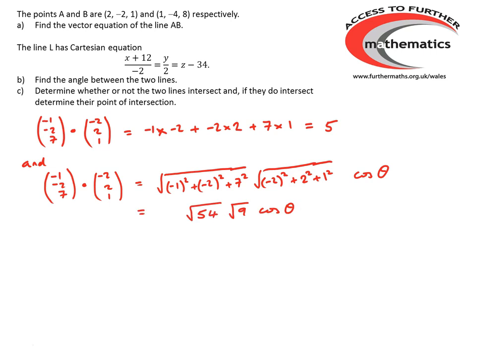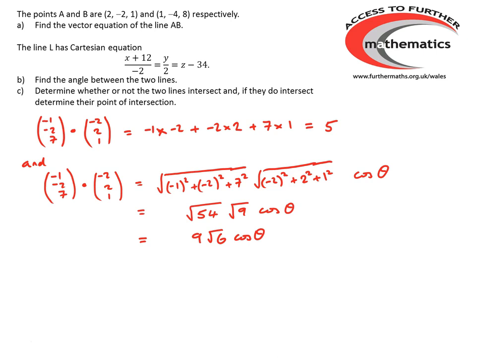So that simplifies to square root of 54 times square root of 9 times cos theta, and square root of 54 is 3 root 6. Square root of 9 is 3. So root 54 times root 9 times cos theta simplifies to 9 root 6 cos theta.